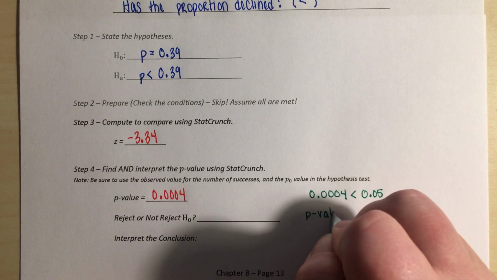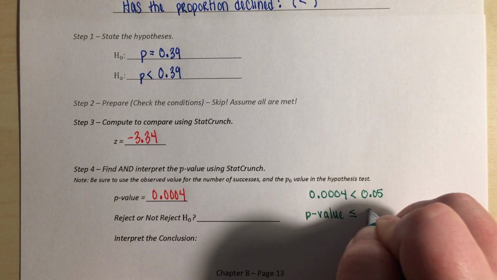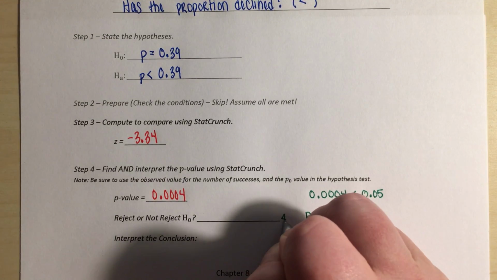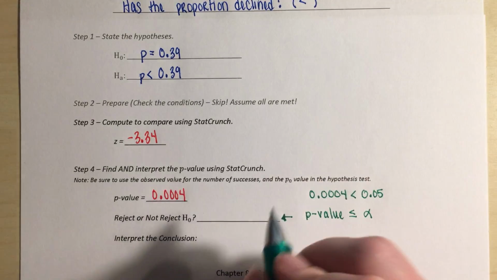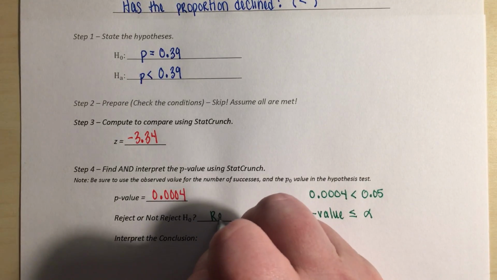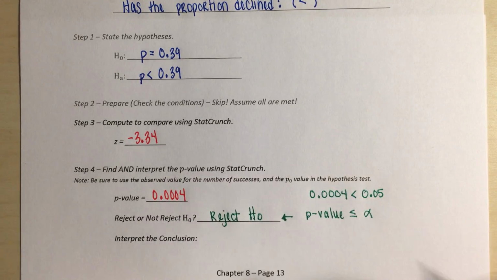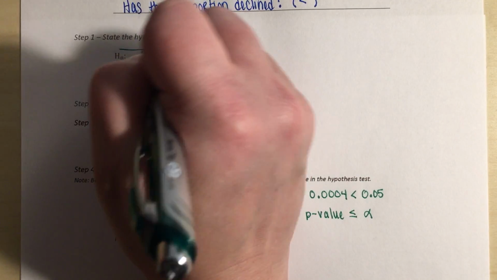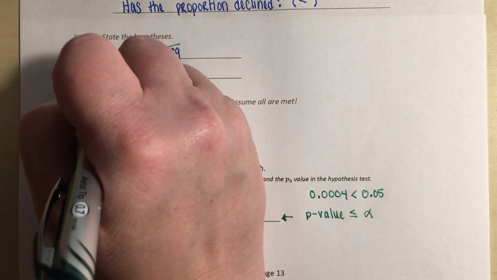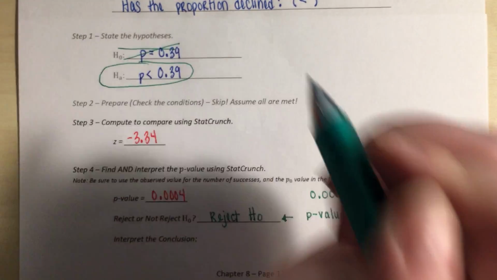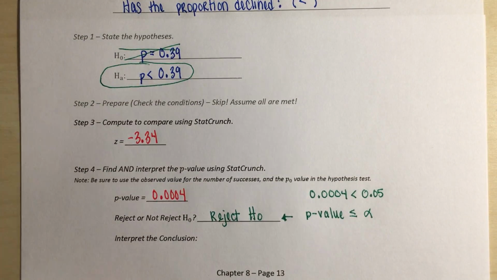So our p-value is less than or equal to alpha, which indicates then that we should reject our null hypothesis. So we reject our null hypothesis, and our conclusion is going to be that our alternative hypothesis is true.